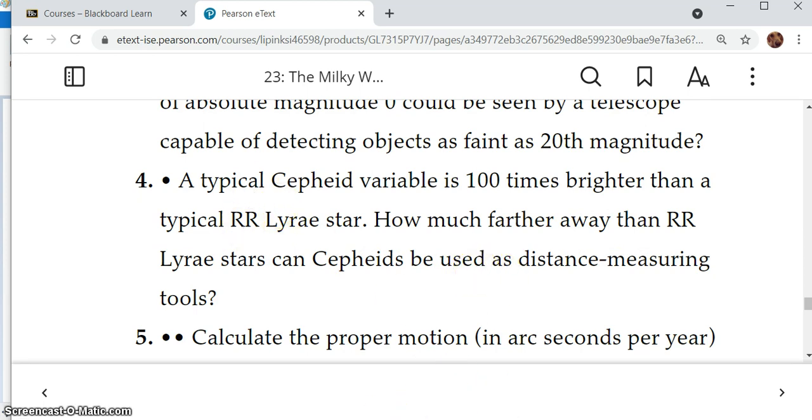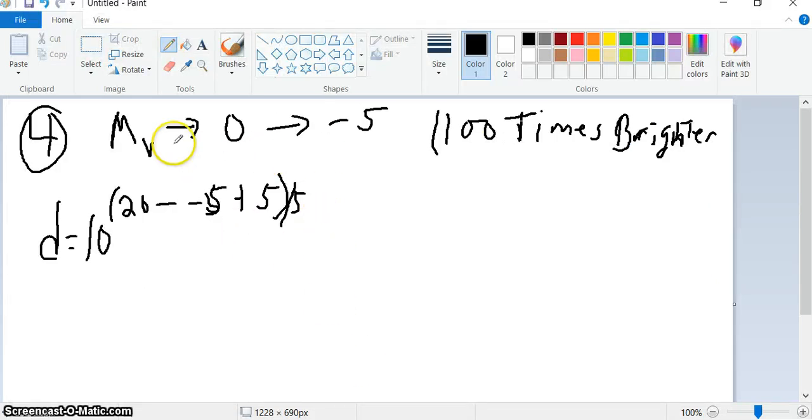All right, so here's how we're going to do number 4. If something is 100 times brighter, you might recall that is 5 magnitudes. So basically, if we compare this to problem number 3, where the absolute magnitude was 0, if the Cepheid variable is 100 times brighter, that means we can simply change the absolute magnitude from 0 to -5.